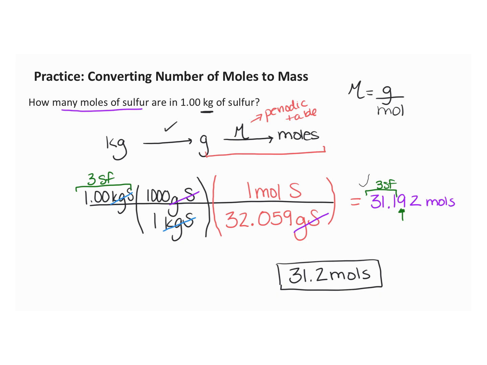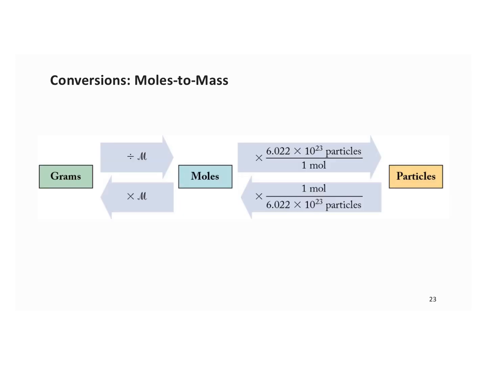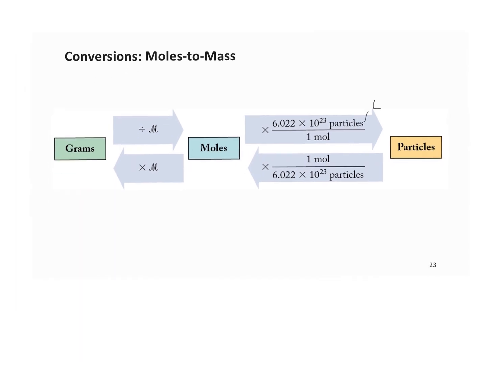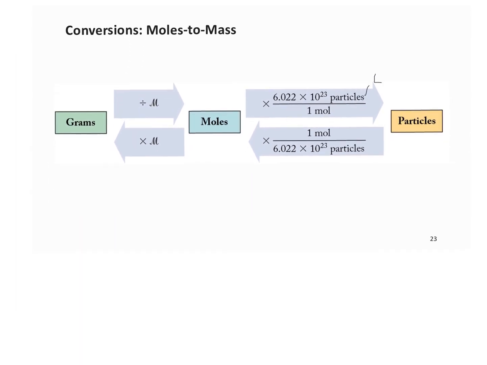So these are different ways to convert from either grams to moles or moles to grams. And you might have to do an additional metric conversion with that. So you just need to be aware. So here is a summary of the things that we've learned in the last 2 screencasts. This is what we looked at in this screencast, where we can go from grams to moles, either dividing by the molar mass or multiplying by the molar mass.